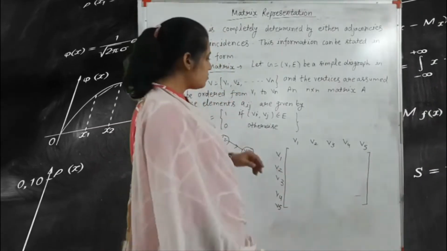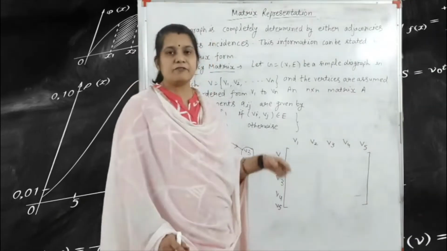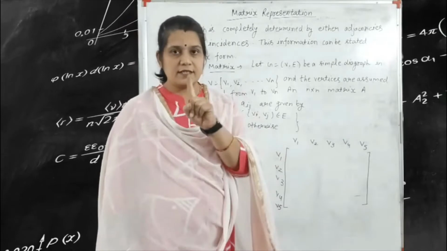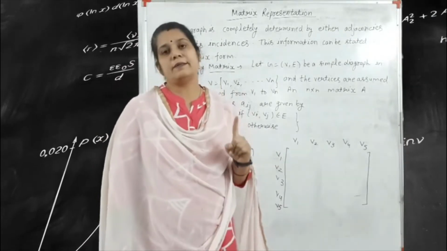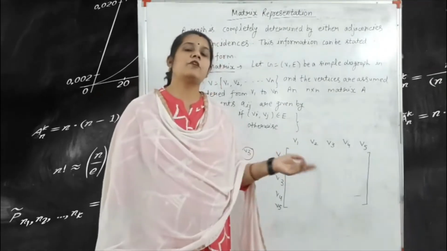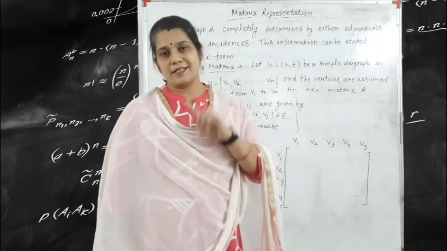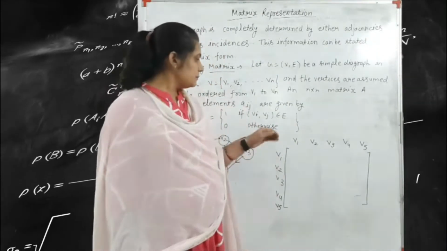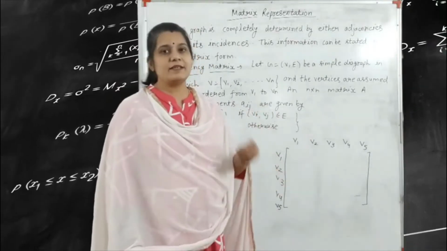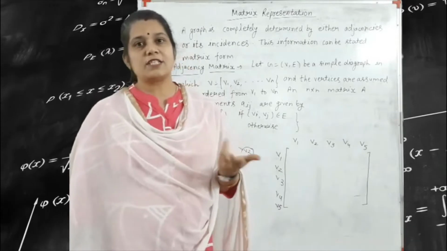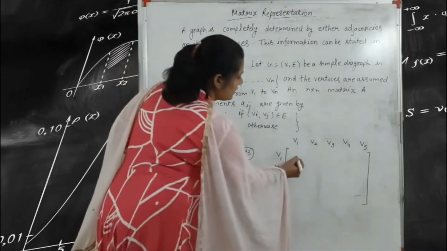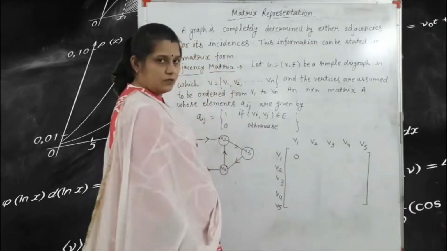If our direction is from Vi to Vj, we write the element 1. And if the direction is not there, like V1 to V3, we write 0. V1 to V1, obviously we write 0 because the distance is 0. So let's start: V1 to V1, 0.